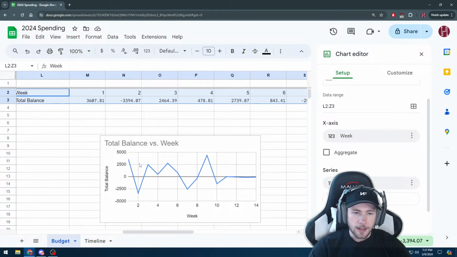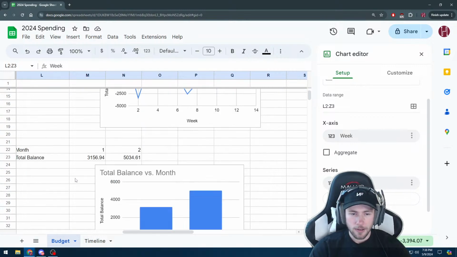So taking into account income versus what we spend, as you can see, some weeks were very low because we've spent a bunch and it might be right before we're about to get a paycheck, which launches us back up. It kind of bounces back and forth on a weekly basis, but you should go up in value as long as you're saving money, or at least the balance should move upward and go less into the negatives.